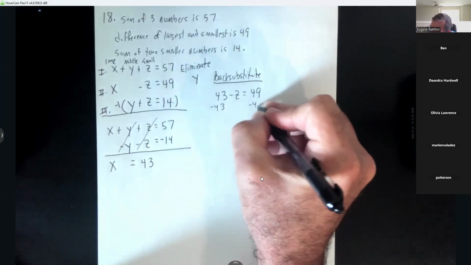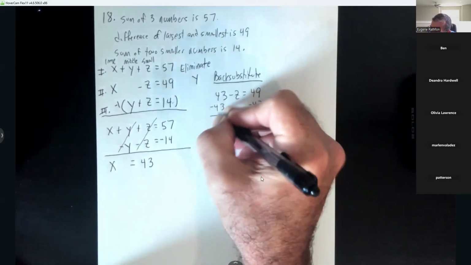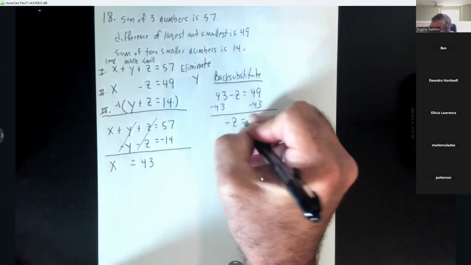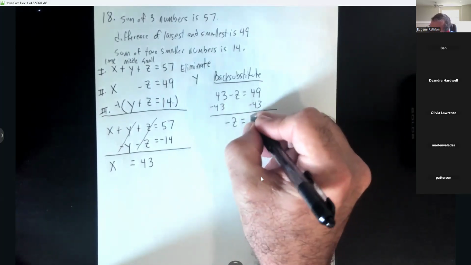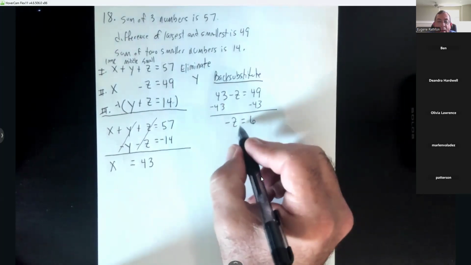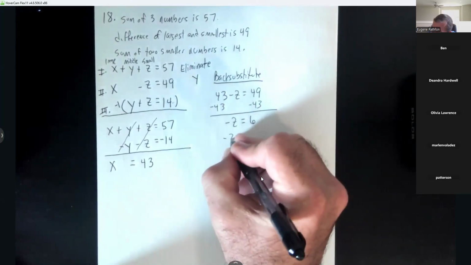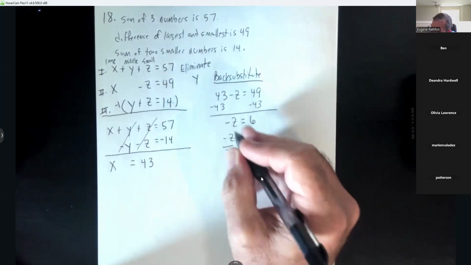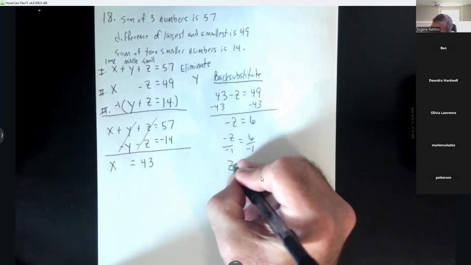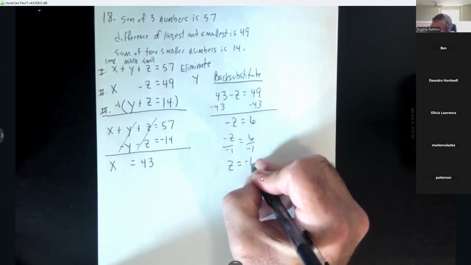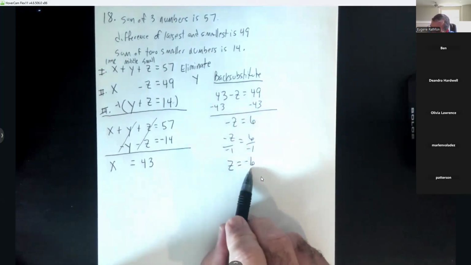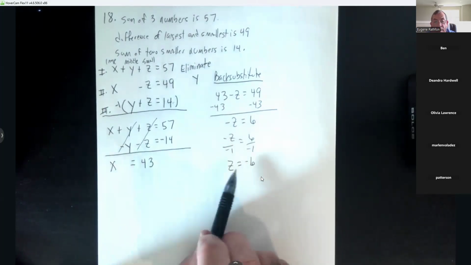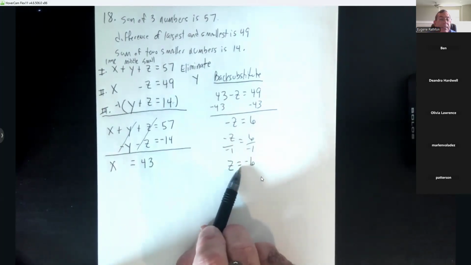Subtract 43. That's going to cancel. I get negative Z. 49 minus 43 is 6. And then divide both sides by -1. So that basically changes the signs, and your Z is positive now, and your 6 is negative. So X is 43, Z is -6.